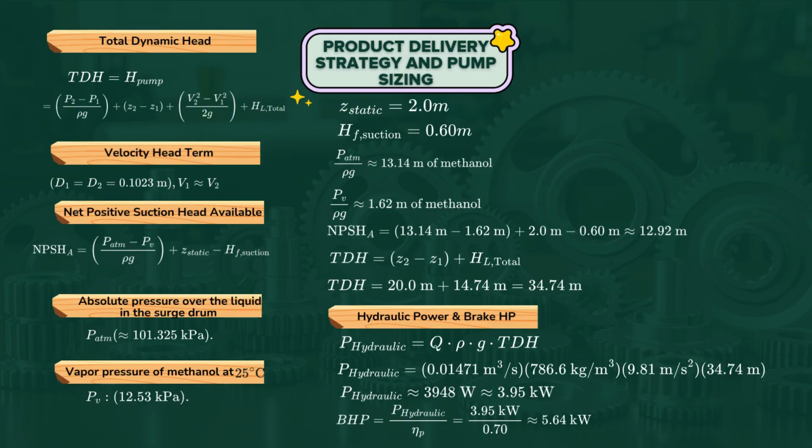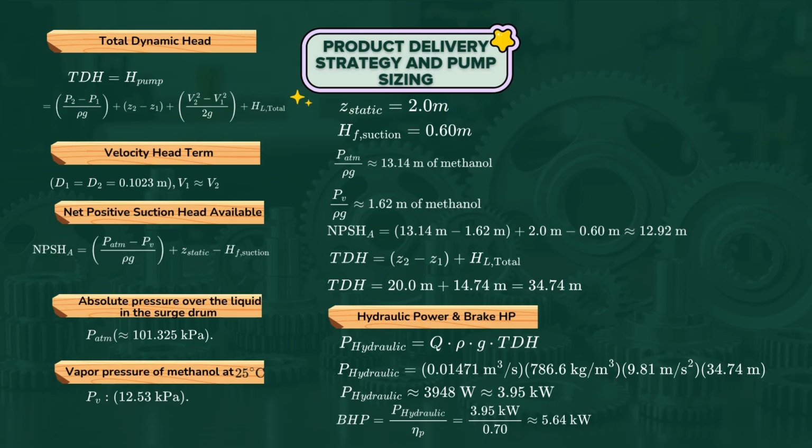The pressure difference expressed in meters of methanol is PATM divided by density times G equals 13.14 meter of methanol, PV divided by density times G equals 1.62 meter of methanol. The NPSH equals 13.14 meter minus 1.62 meter plus 2.0 meter minus 0.60 meter equals 12.92 meter.